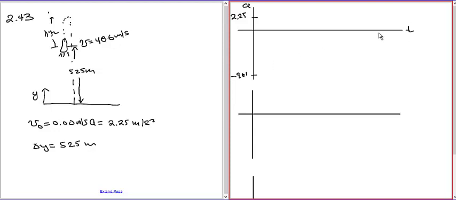The total time, if you take the elapsed time of 16.5 seconds from the rocket failing and the rocket time, it's about 20 seconds. It's actually 21 seconds, so it'll be just about right here.